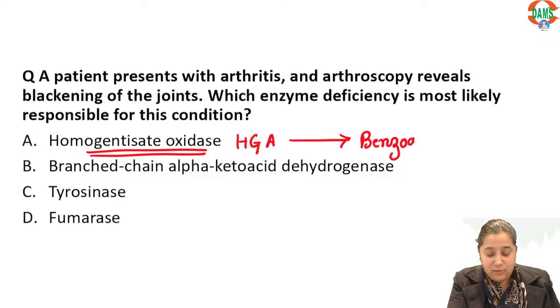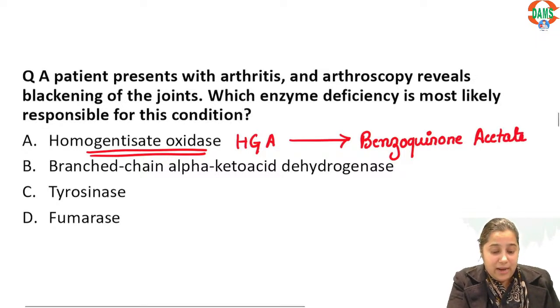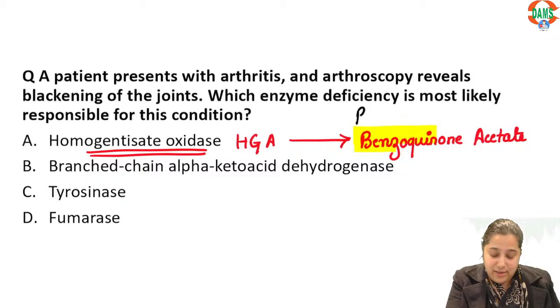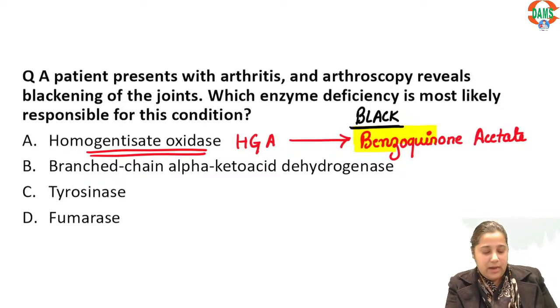I always correlate this with a black colored Mercedes Benz so that we are able to remember that it will result in blackening of urine due to this benzoquinone acetate. So this is resulting in black colored urine.